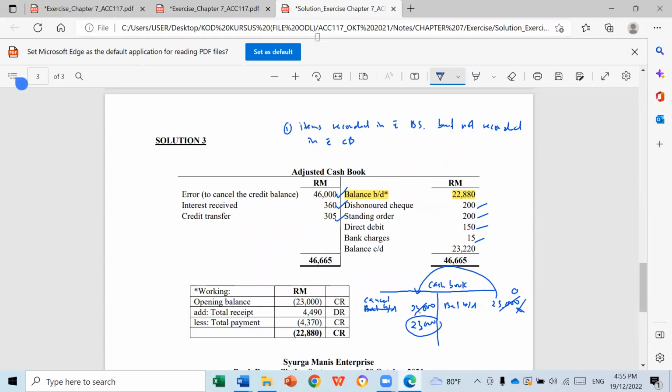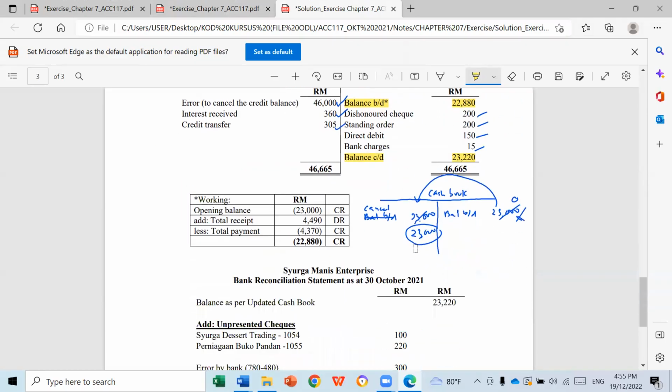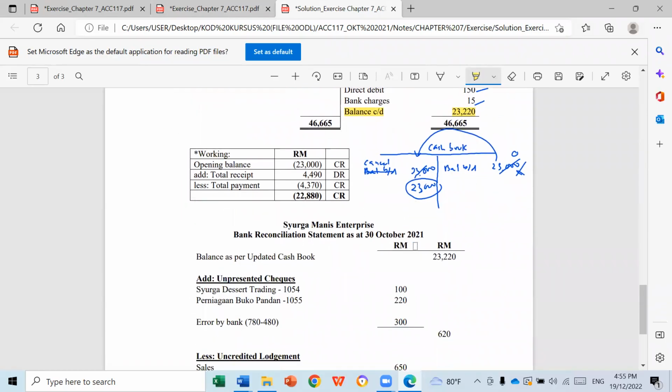At the end, we will find that the adjusted cash book balance is 23,220. We will use this adjusted cash book balance as our starting point in the bank reconciliation statement.